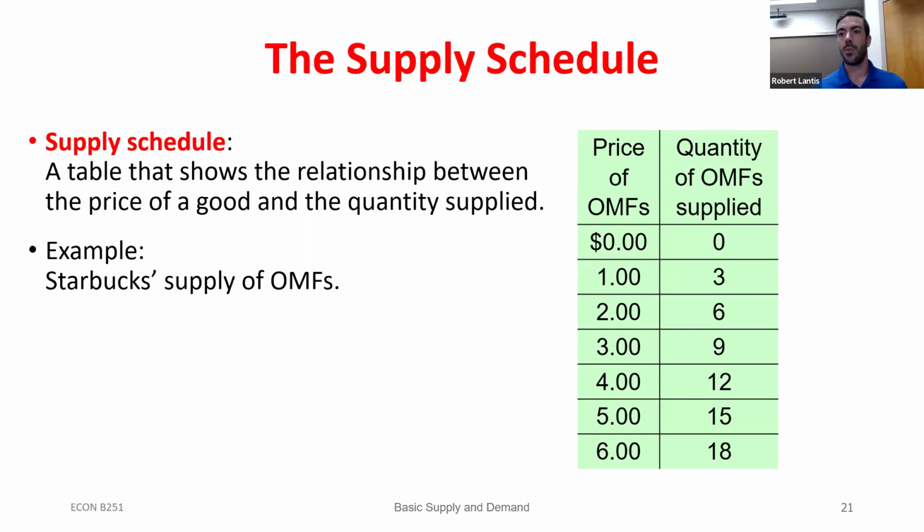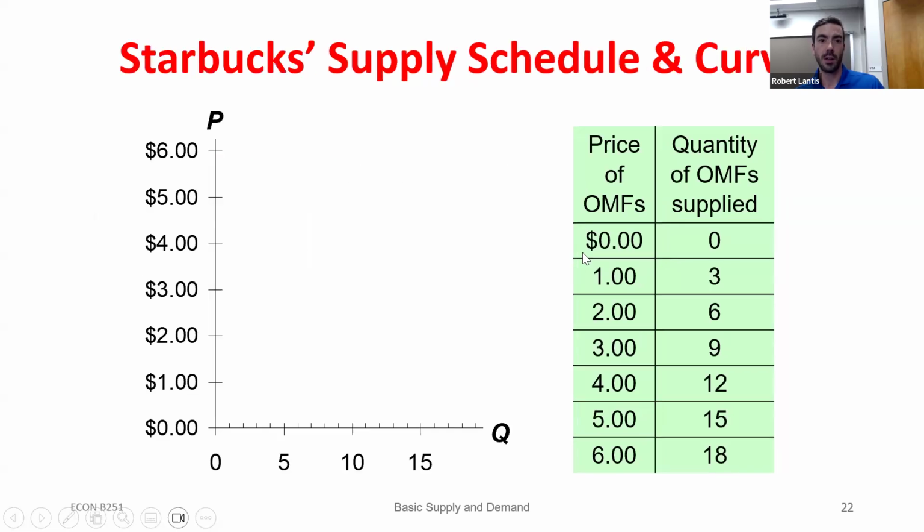They can produce 3 of these drinks per hour, or I don't know, 3 drinks per 10 minutes, whatever the time frame is. And then as the price goes up higher and higher, I'm willing to sell more and more of these goods, right? We'll talk through this a little bit more with some examples in a second, but this is the idea of quantity supplied increasing as we increase that price.